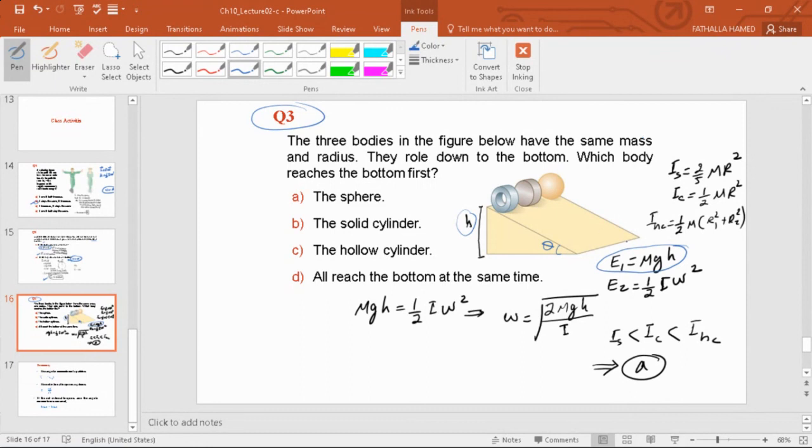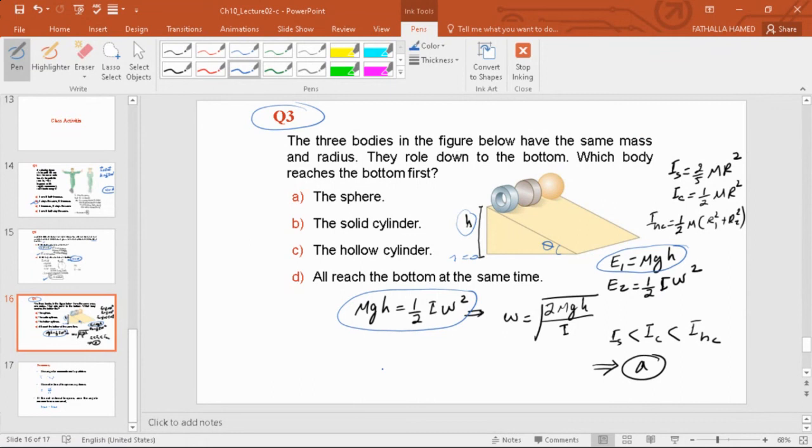Now, when they reach the end, your energy will be potential plus kinetic, but your potential will be 0 here because we chose this point to be 0. You only have rotational kinetic energy, which is equal to 1/2 I omega squared. So if you equate both, mgh should equal 1/2 I omega squared.